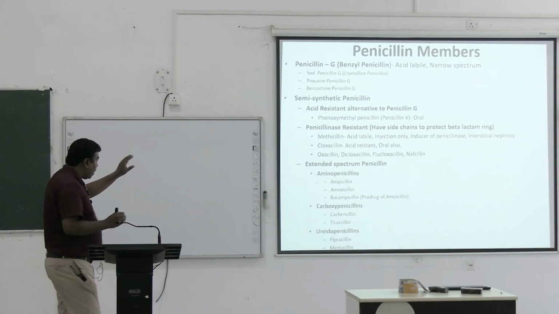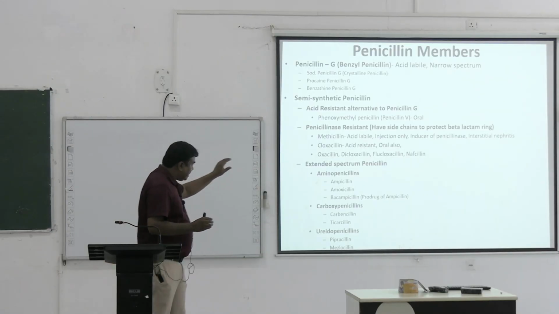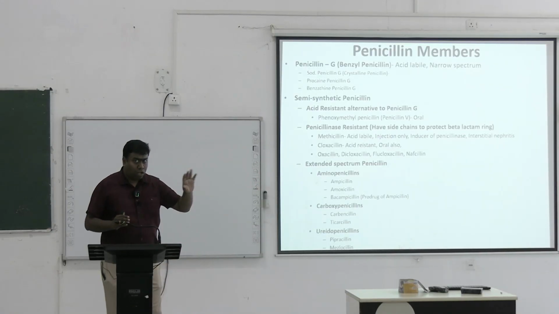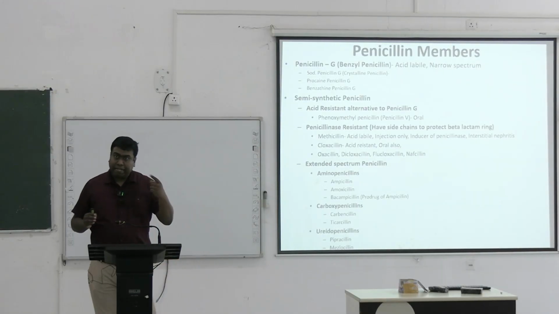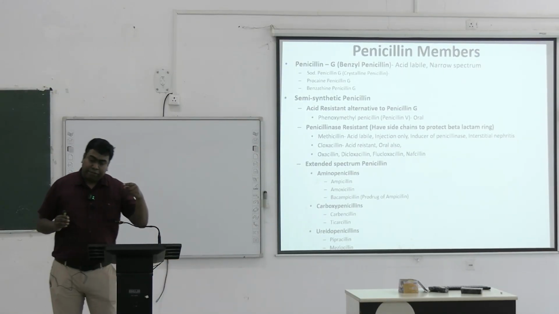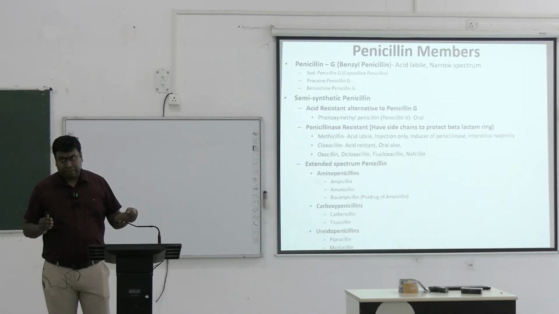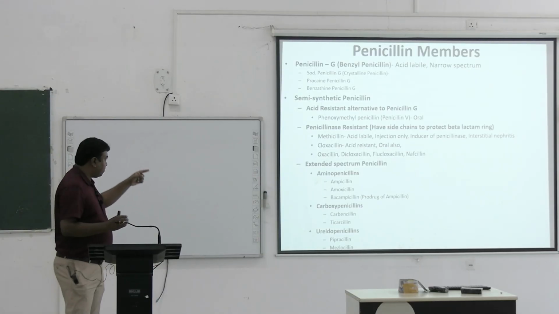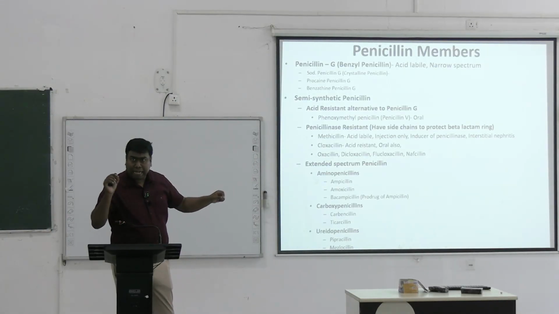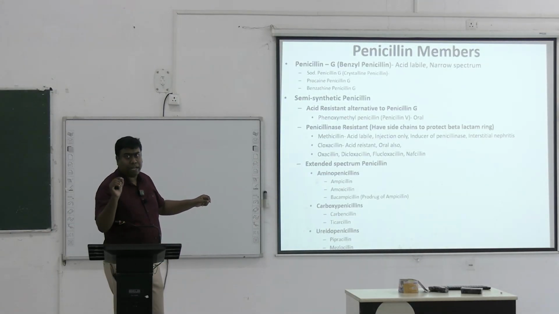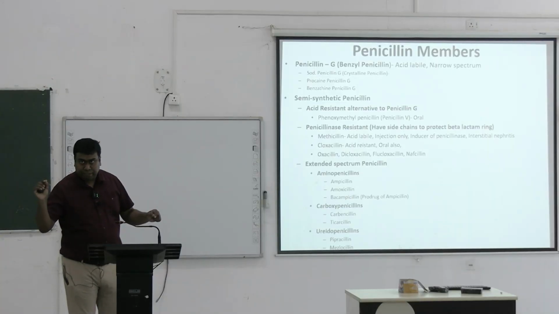Among these, Cloxacillin is acid resistant and oral also. Not all. Cloxacillin can be given orally, even against the beta-lactamase. Clear? Methicillin is acid labile but injectable, rarely used nowadays due to nephrotoxicity.